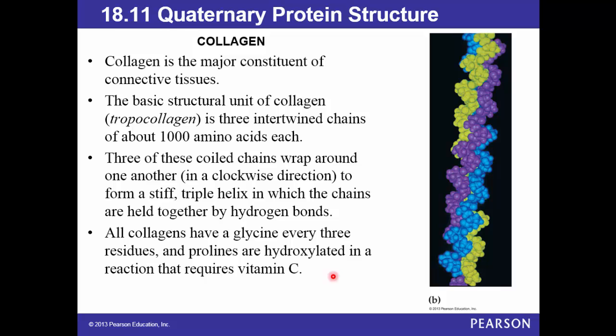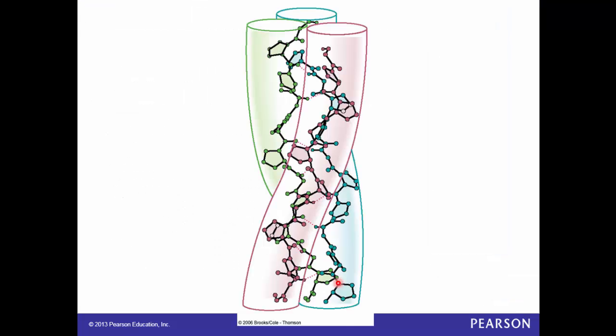And also you can find hydroxyproline, which is formed from proline by a reaction catalyzed by an enzyme called hydroxylase, which requires vitamin C. That's why deficiency of vitamin C will lead to formation of fragile collagen. And again, this is the structure of collagen, you see.